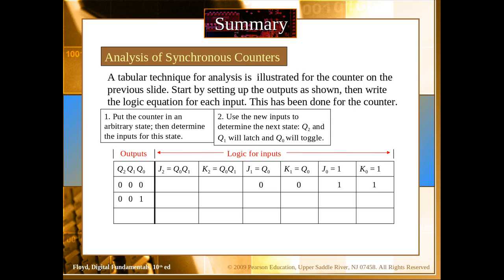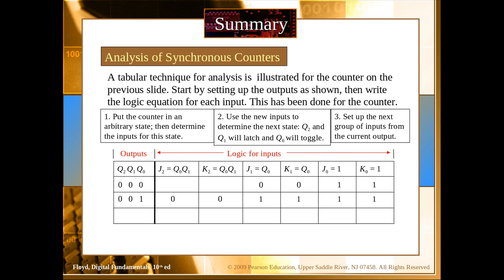Similarly, for the next bit, since now J1 and K1 are 0 and J0 and K0 are 1, the next output would be 0, 0, 1, since the output of the first flip-flop would be equal to 1, and the outputs of the other two flip-flops would still remain 0 because the inputs are 0. We can also determine the subsequent inputs and outputs in this manner.